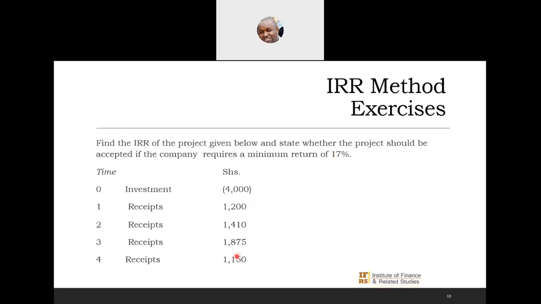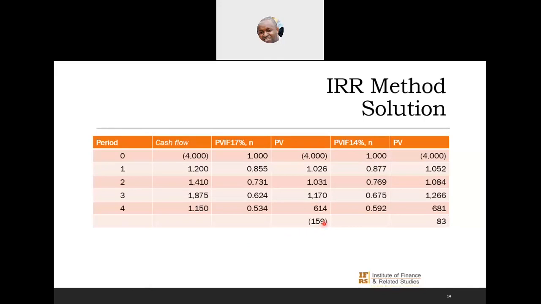And depending on the rate that we get, we try either a lower rate or a higher rate. Again, I've solved this question for you. Using 17%, we end up with a negative NPV of 1,159. And for that, we try a lower rate.